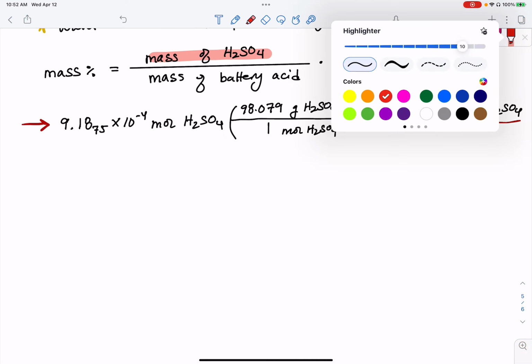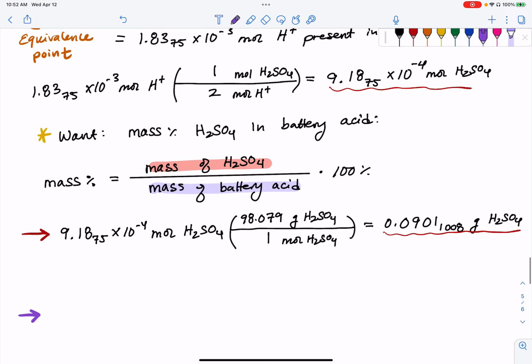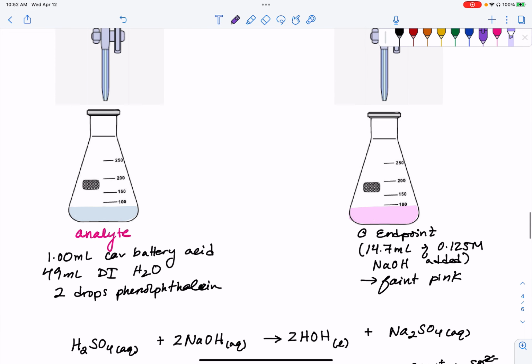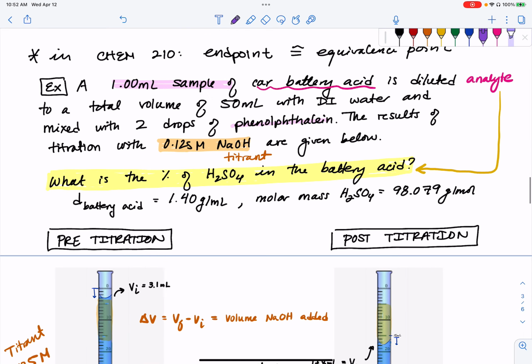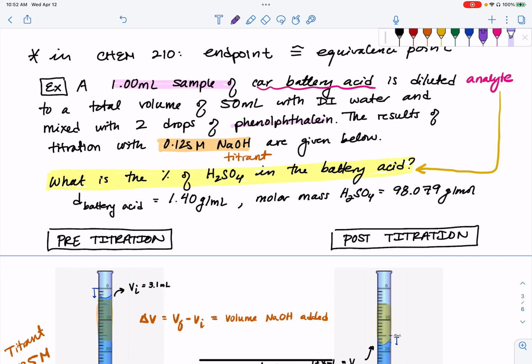Now I need to figure out what's going on with my battery acid mass. So I need to think about where all of this sulfuric acid came from. So going back up to either looking at my analyte beaker or what was given in the problem, I know that I had a 1 ml sample of battery acid.